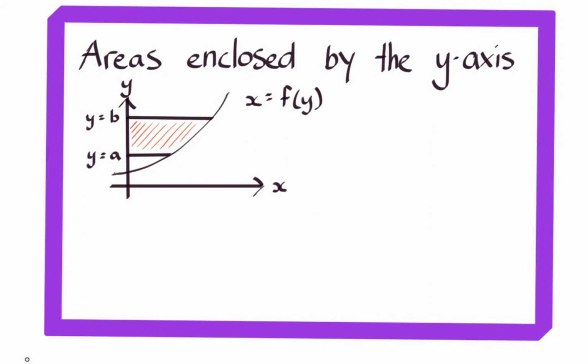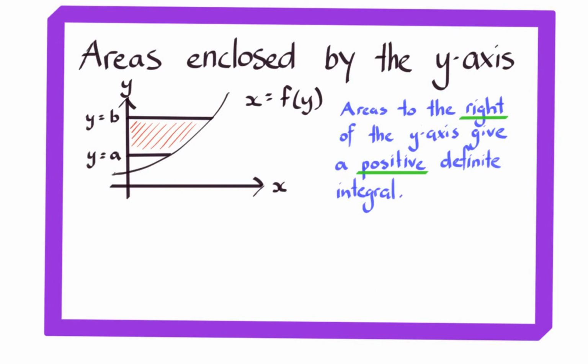Now we've also seen previously that when we are looking at areas enclosed by the x-axis, areas above the x-axis have a positive definite integral, and areas below the x-axis have a negative definite integral. Well, the same kind of thing happens here. An area such as this one, which is to the right of the y-axis, will give a positive definite integral.